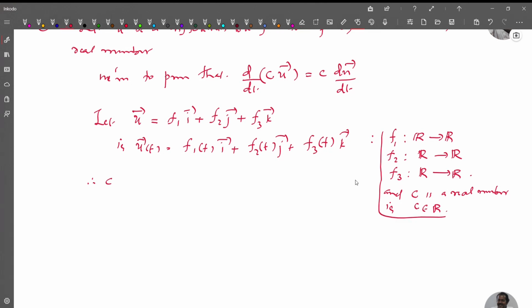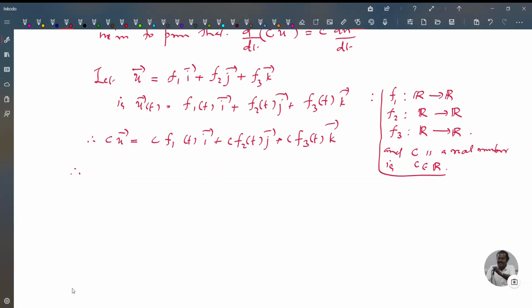For Cu equal to C f1 of t i plus C f2 of t j plus C f3 of t k.